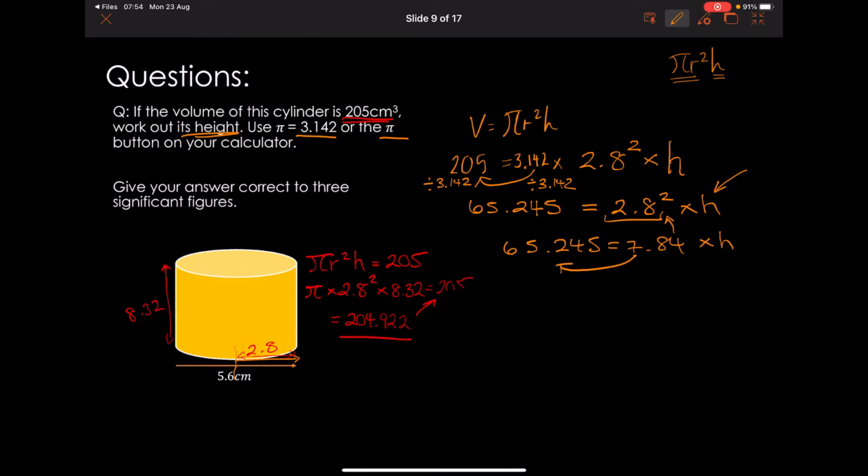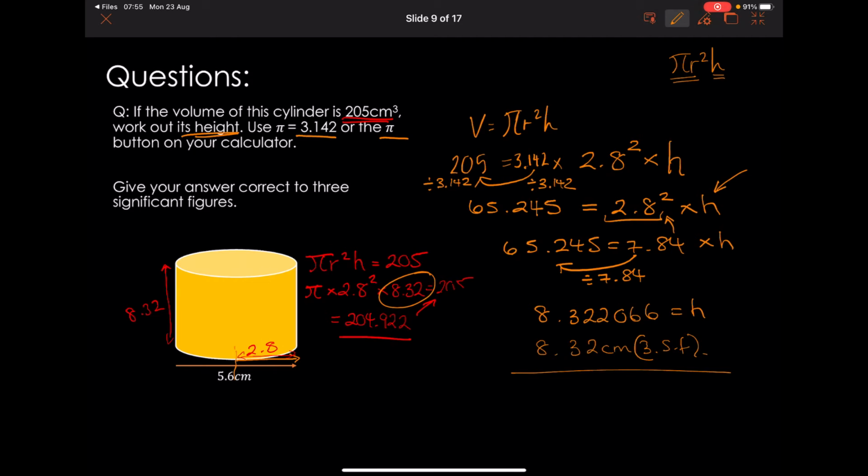And then I will divide this by 7.84 to give me h on its own. 65.245 divided by 7.84 is 8.32266, which when rounded is 8.32 centimeters to 3 significant figures, and that's what we got before. So we know we've done it the right way around anyway. I just wanted to go through that other method with you there.